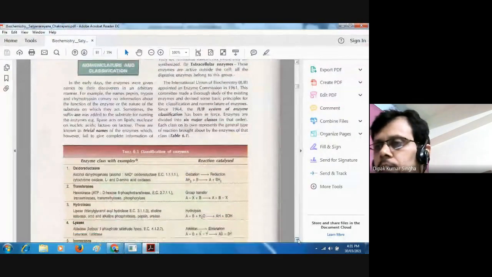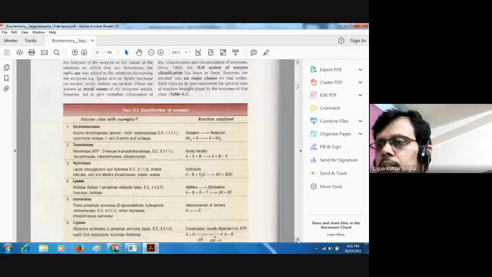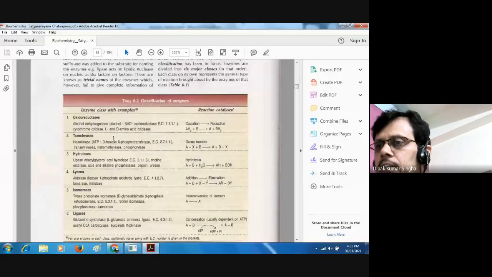The 6 major classes: oxidoreductase, for example alcohol dehydrogenase, and the EC number is 1.1.1.1. Actually, alcohol dehydrogenase is the first enzyme, with EC number 1.1.1.1, a 4-digit number. The first digit signifies the major class.